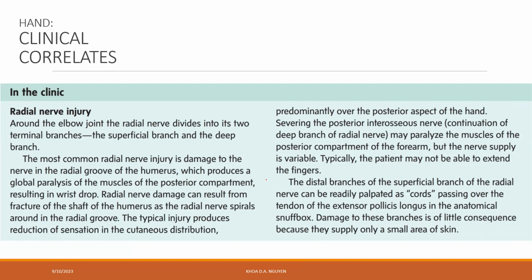If all of the posterior compartment muscles of the forearm are affected, what do you think the result will be? Will you be able to extend your wrist at all? No, you can't. We call that a wrist drop injury, okay? So radial nerve injury is going to produce wrist drop if the injury occurs before the branches to the posterior forearm muscles have taken off from the radial nerve.